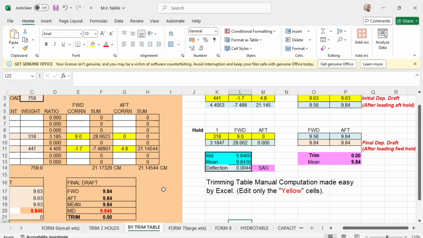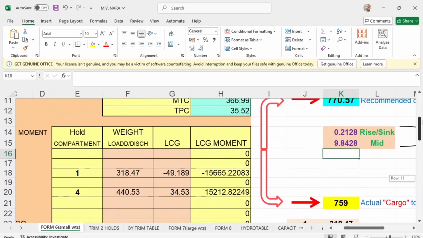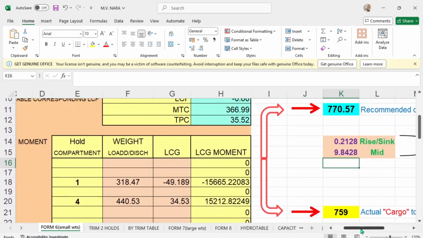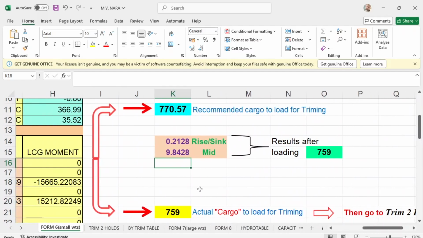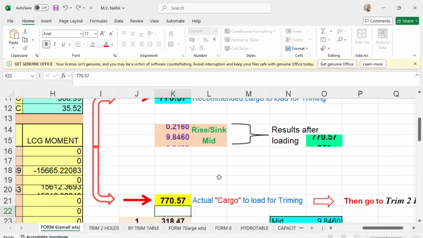Okay, but what I'm trying to say is that if you want really an accurate figure, this is recommended, but just follow what I have, 770.57.